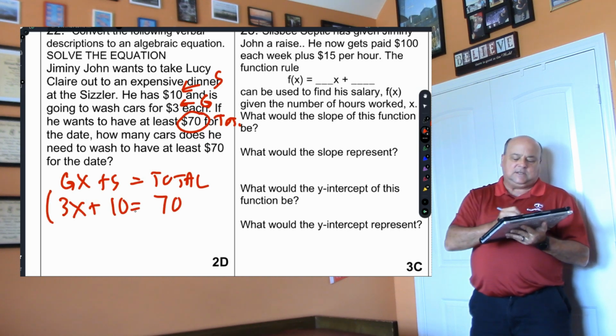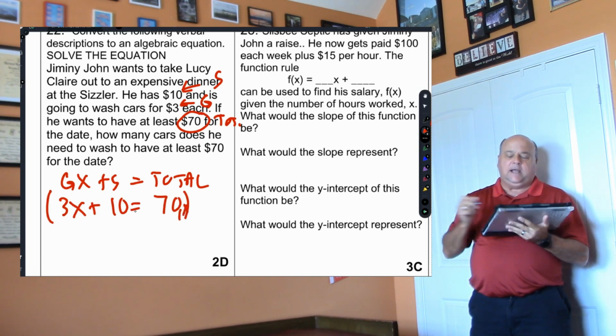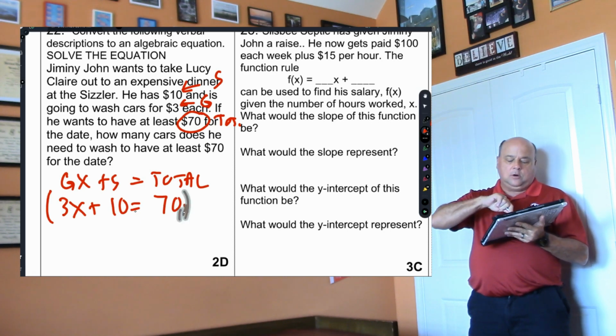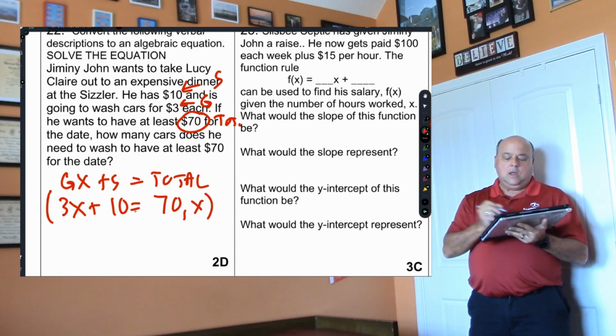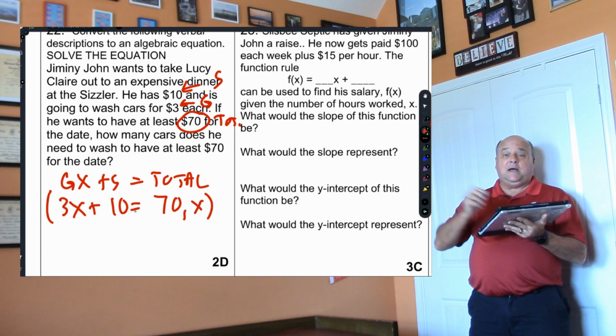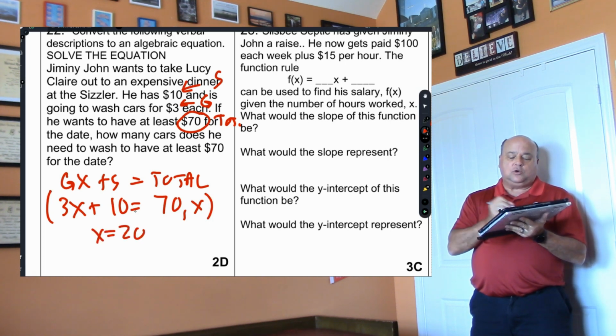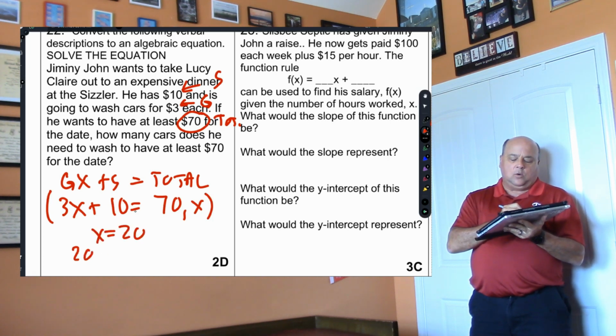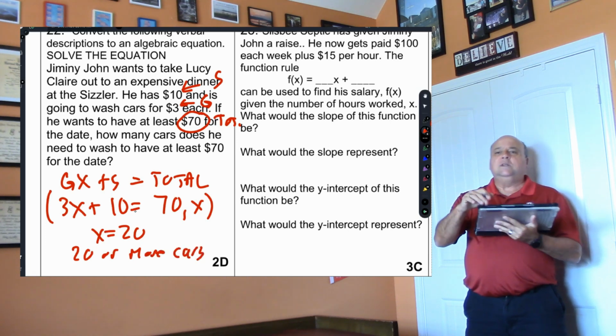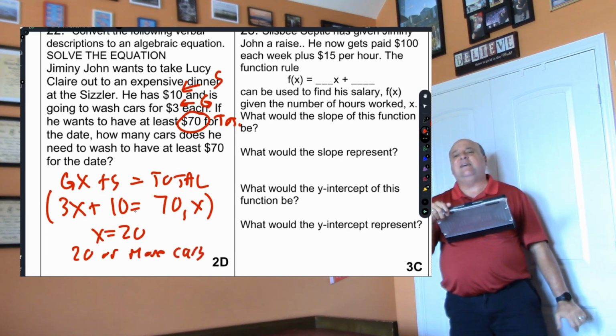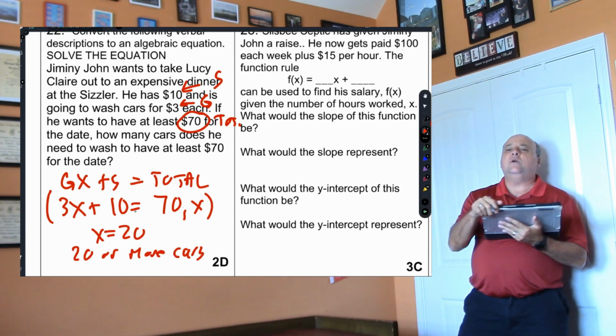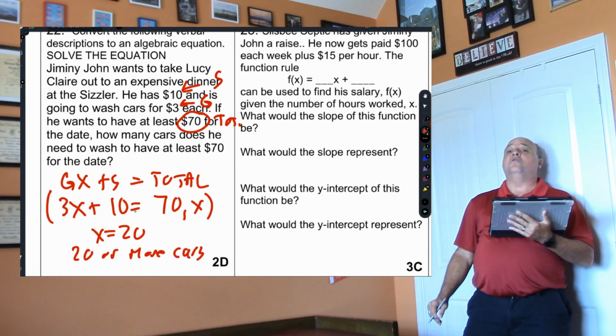Put this into NSolve and you're going to solve it for x. You can move the 10 over and divide by 3. If you do this, you get x equals 20. So he's got to do 20 or more cars, all right? Once he gets to 20 cars, he's got the $70. Everything over 20 is the dessert.